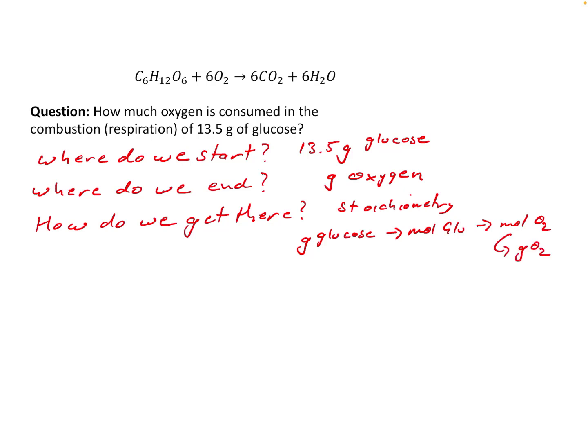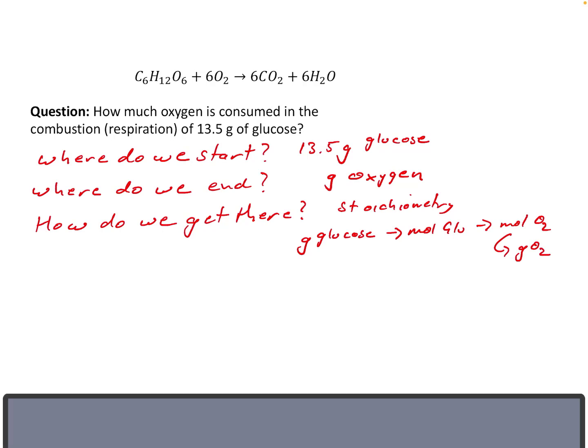So there's our plan. In the first steps here, we're going to need molecular weights to be able to convert from masses to moles. It'd be a great idea for you to pause the video at this point and make sure that you know how to find that information on your own.